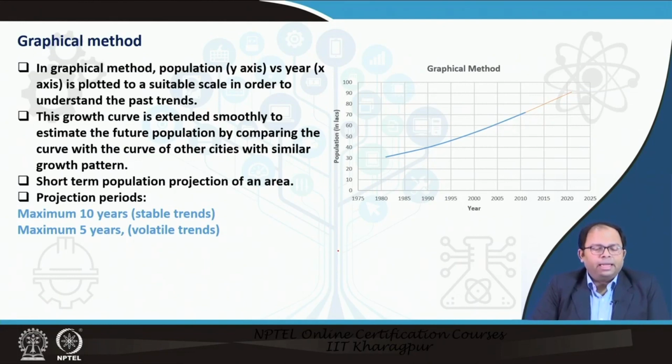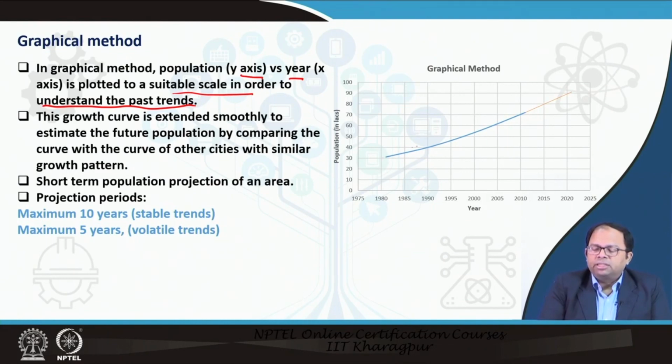In addition, we can also follow a graphical method, where we first plot the existing data that we have for different population data for different time periods. Population is plotted on the y-axis, and year or time is plotted on the x-axis, in a suitable scale, which will help us understand the past trend in a visual way.